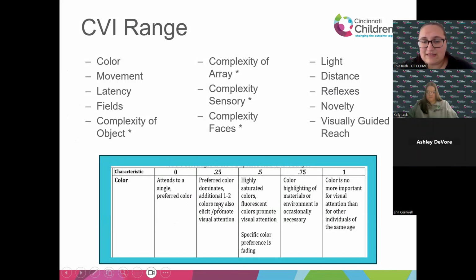And there's going to be set terminology and progression of how you can rate these different areas. It's not always perfect and it doesn't always fit every kid. And that's why using the CVI range exclusively to describe CVI function can be challenging, because this may not fit every child.